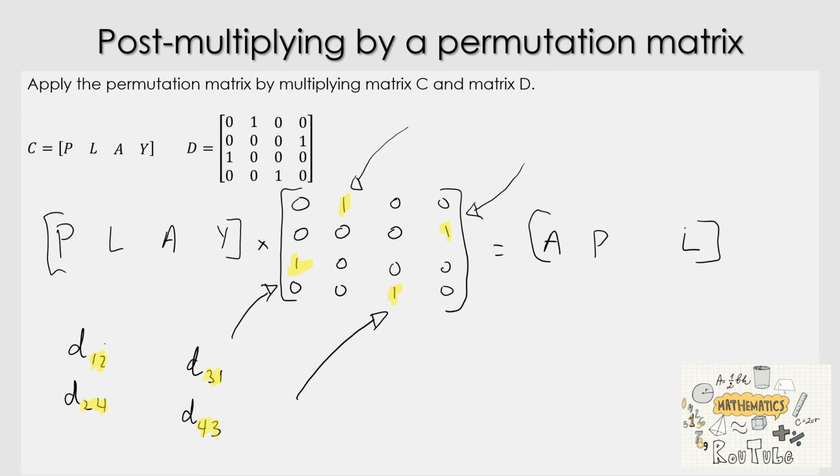The Y was in the fourth position, and therefore we need to pick it up and move it into the third position, which is the only empty slot in our answer matrix. So the Y is going to be there. So we have gone from the row matrix saying PLAY, and we have rearranged all of the elements to give us the matrix of A, P, Y, and L.